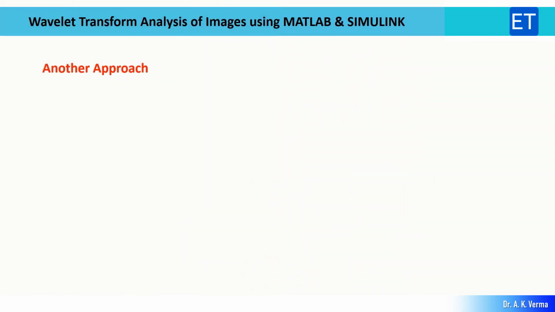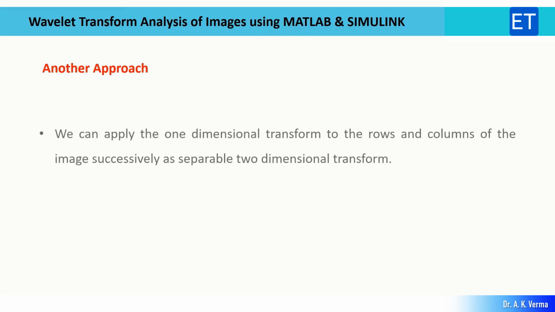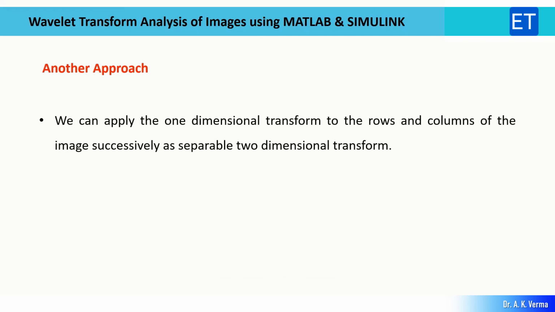But this approach requires more computational power. That means a lot of computation is needed. So there is another approach which requires less computational power. We can apply the one-dimensional transform to the rows and columns of the image successively as a separable two-dimensional transform.